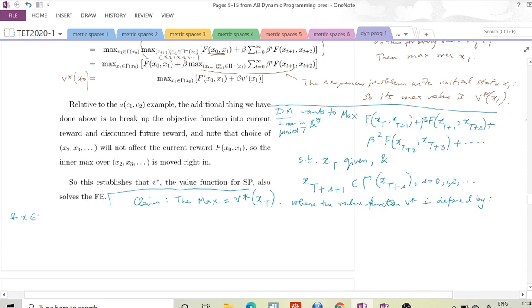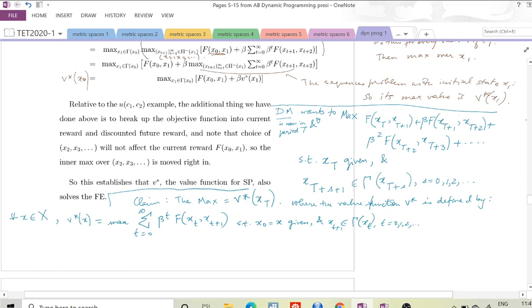for all states x, V star of x is equal to max of the summation of beta to the t times f of x t plus 1, t going from 0 to infinity, subject to x naught equal to x given, and x t plus 1 at any t is chosen out of feasible x t's, right?